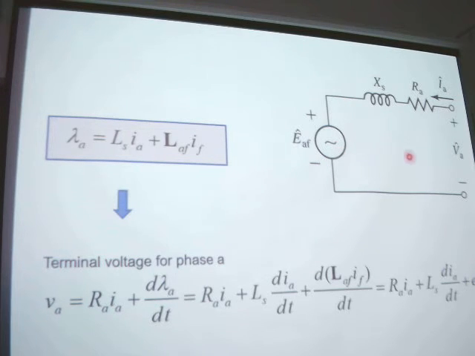This is the stator voltage, and RA is the stator resistance. For the stator, it has included the rotor in it. It's the final circuit.